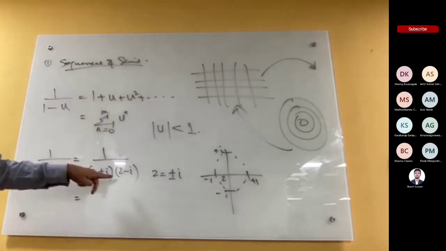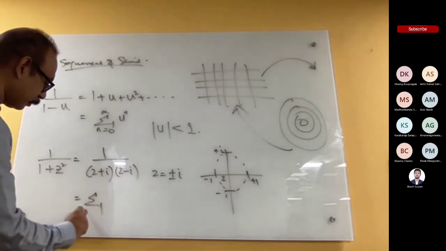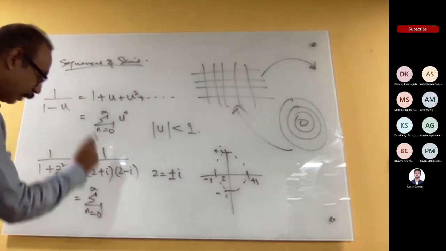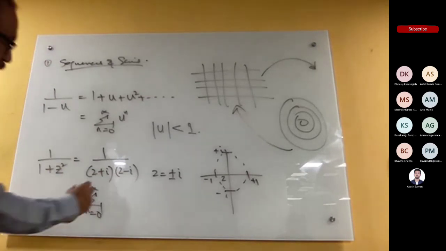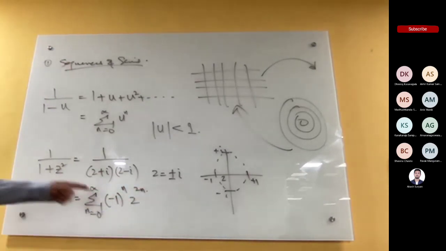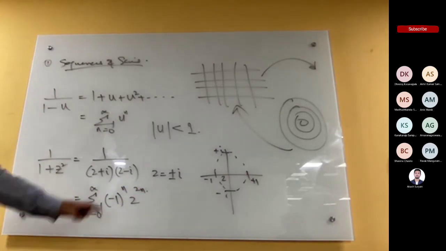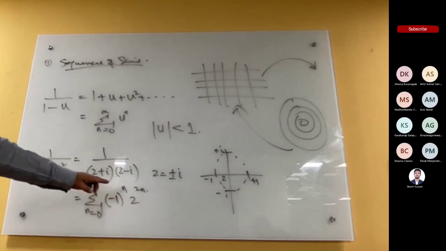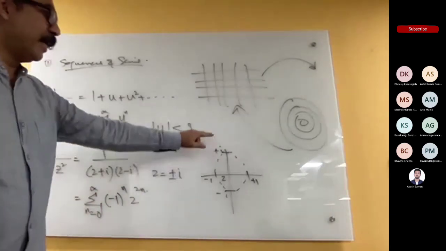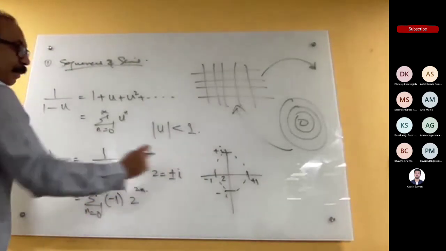If you actually try and write the thing, it results in minus 1 to the n, z power 2n, which is actually nothing but sine theta. But it is a problem at plus i and minus i. So other than that, it expands everywhere.